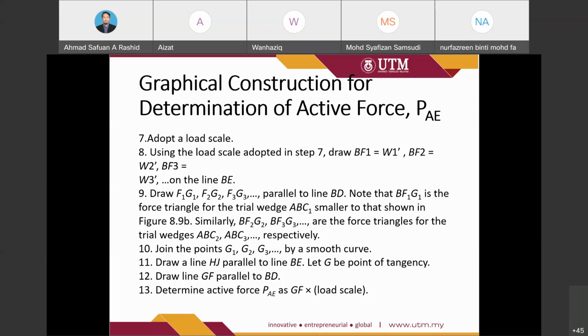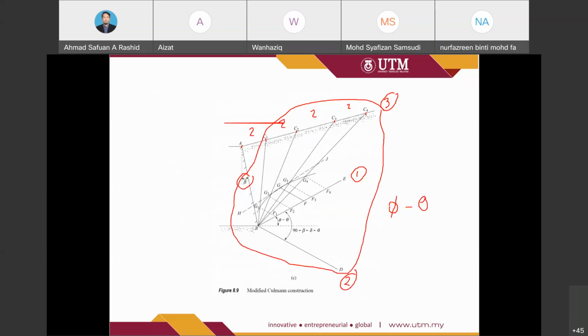So the next step is to draw F1G1. Since we already know the position of F1, we should draw a line until it meets the C1 line, the C2 line for F2, the C3 line for F3, and the C4 line for F4.